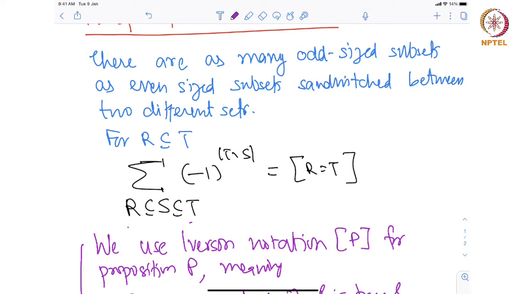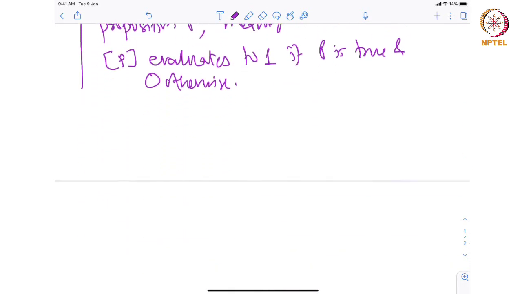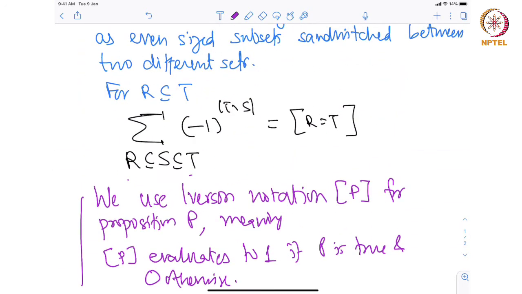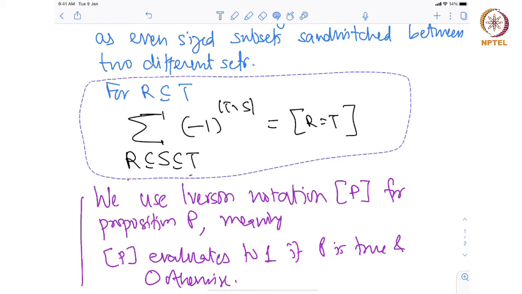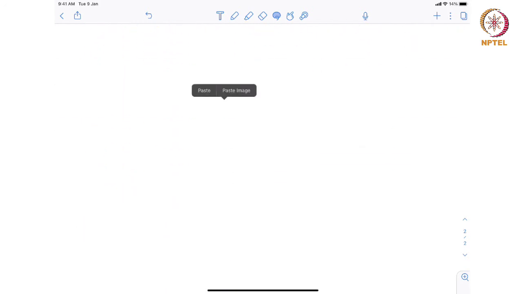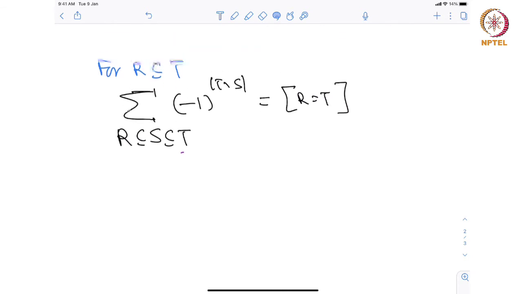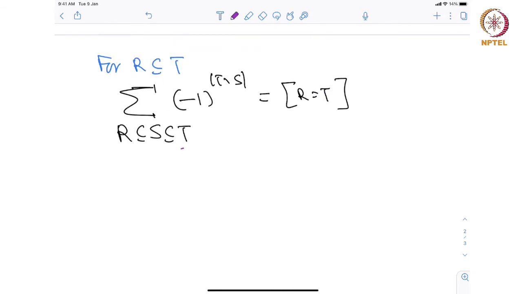Okay, so now let's try to prove this. This is not very difficult. How are we going to prove it?